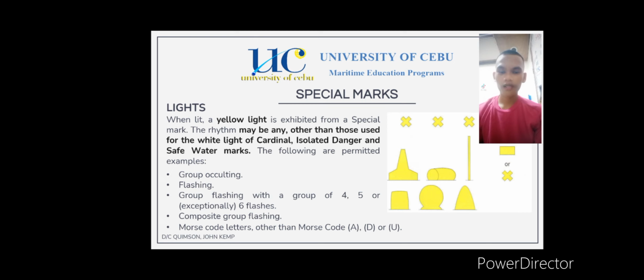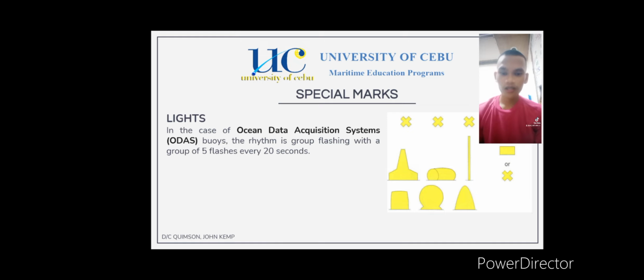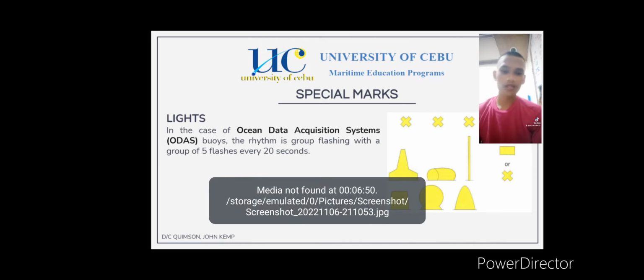The following are permitted examples: group occulting, flashing, group flashing with a group of 4, 5, or 6 flashes, composite group flashing, and Morse code letters other than Morse code A, D, or U. In the case of ODAS buoys, the rhythm is group flashing with a group of 5 flashes every 20 seconds.